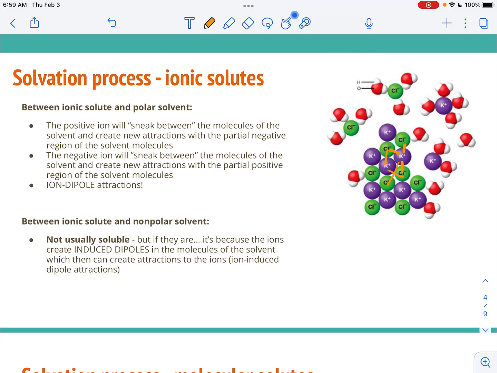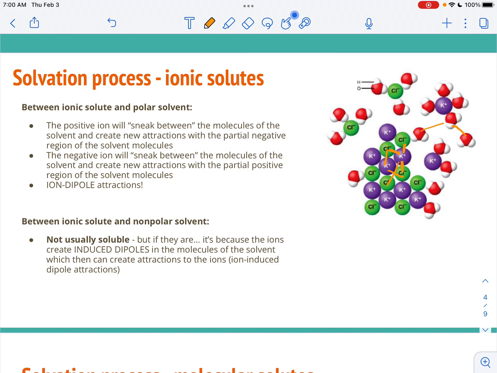Then in water, we have the attractions that form as hydrogen bonds between the hydrogen of one and the oxygen of another. So we would have all these different attractions that have been formed in our solvent, the water, and in our solute, the ionic compound. What happens is that the positive end of the water molecule ends up attracted to the negative ion and sneaks in between.